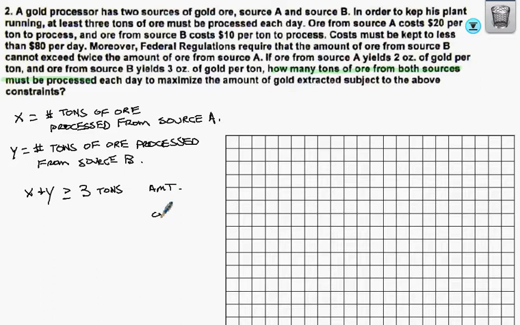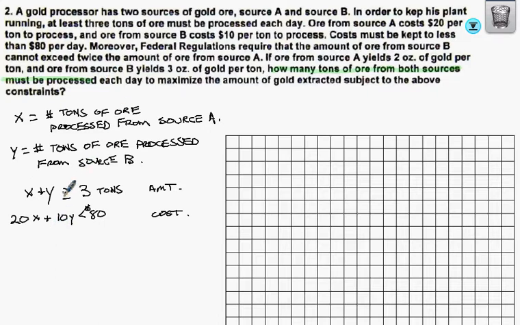Now we can write a cost inequality: $20 per ton times X number of tons plus $10 per ton times Y number of tons must be kept to less than $80 a day. Each of these represents a dollar amount: the total dollar amount for source A tons, and the total dollar amount for source B tons.